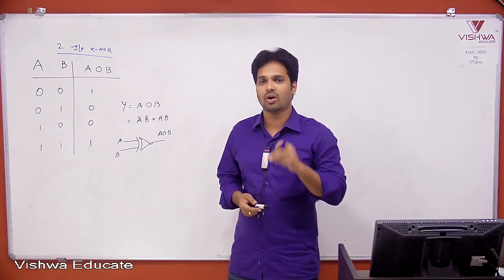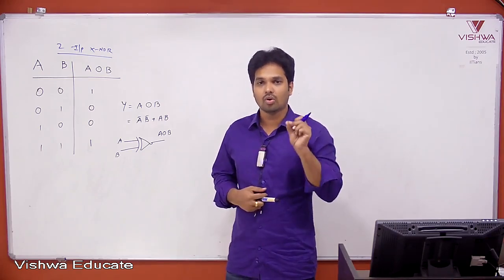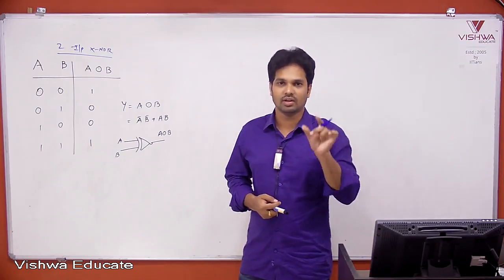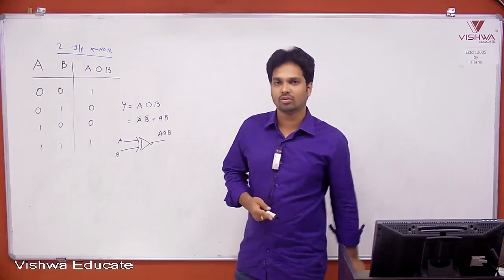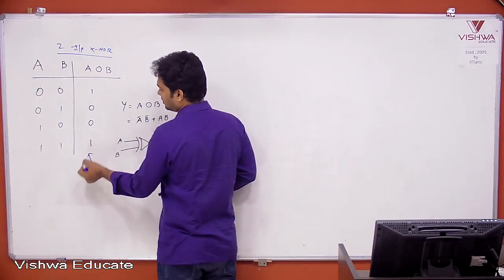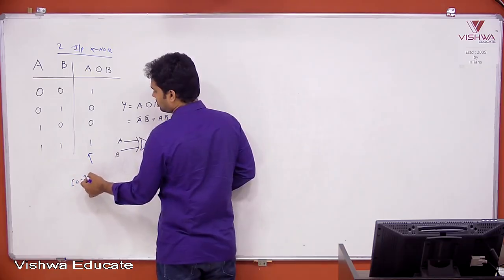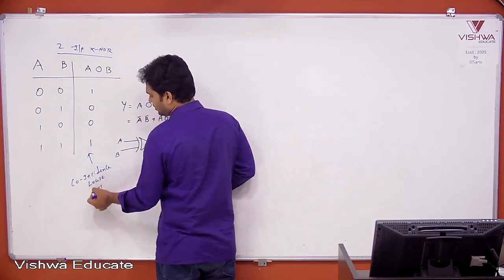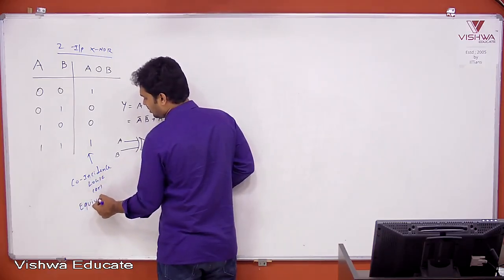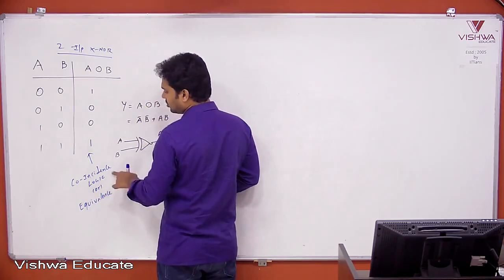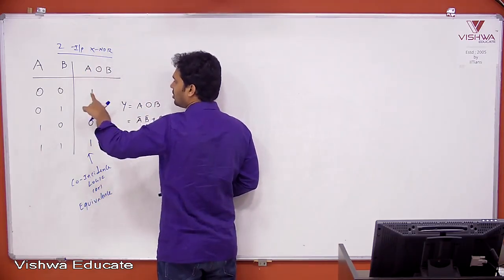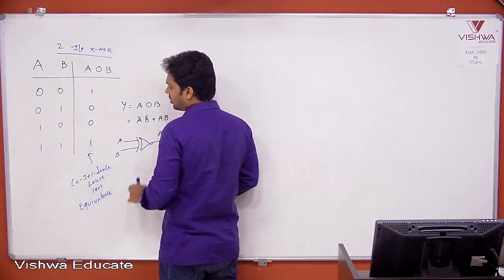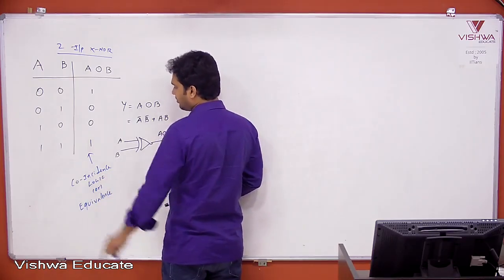You can also call this logic by another name, coincidence logic, or equivalence logic. These are the 2 names given for 2 input exclusive NOR gate. When both the inputs are same, then only my output is equal to 1.